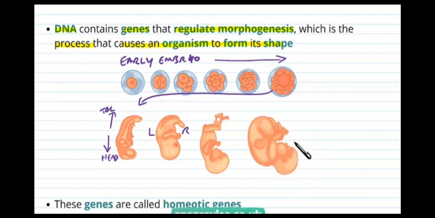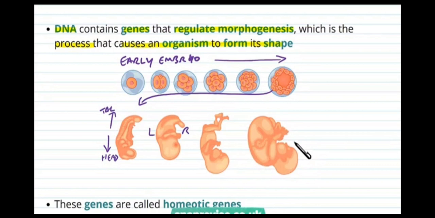So this is how the development starts, and for the development to occur in a certain manner there are certain morphogens, and these morphogens are again formed by instructions coded in the DNA.